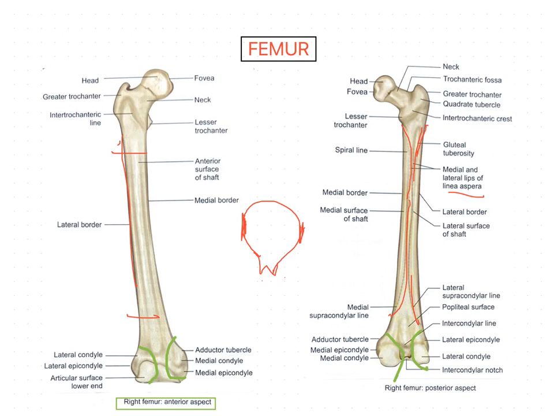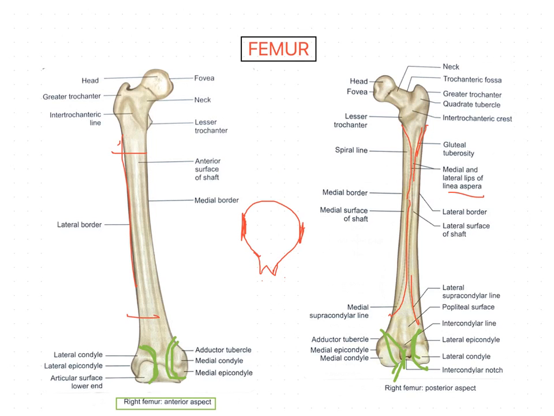These are called condyles: the medial condyle and the lateral condyle. These condyles are separated from each other by the intercondylar fossa or notch.